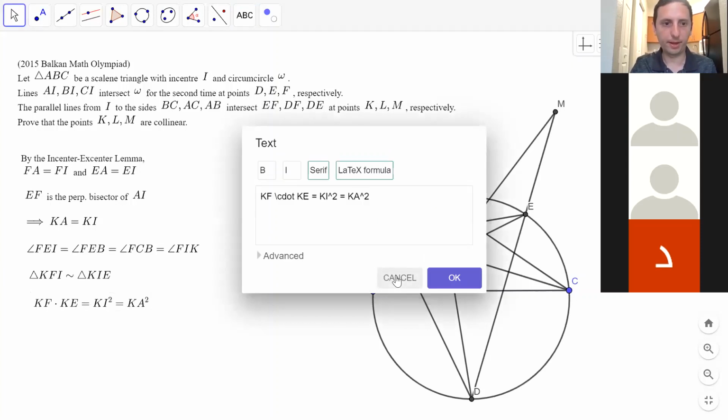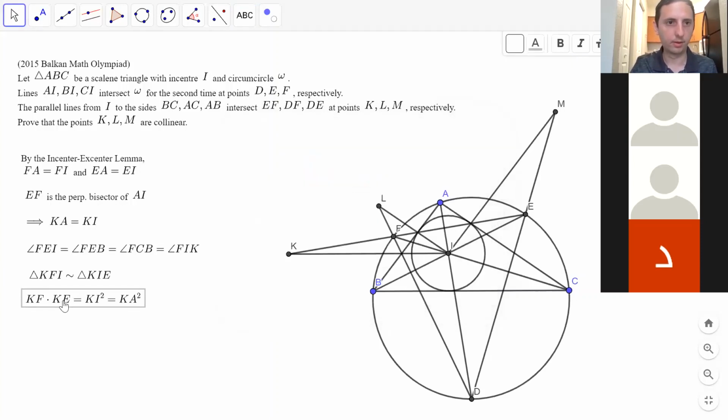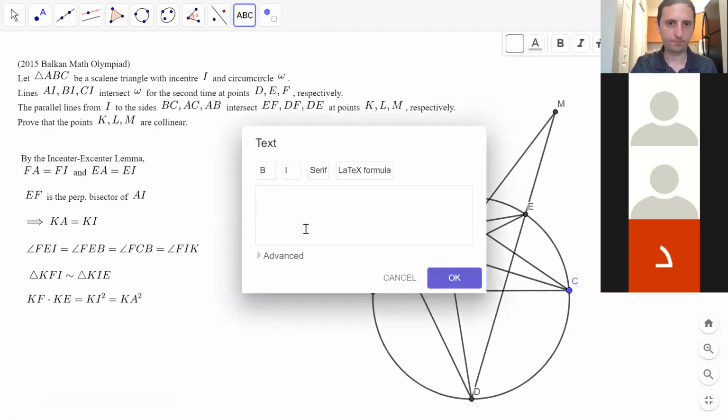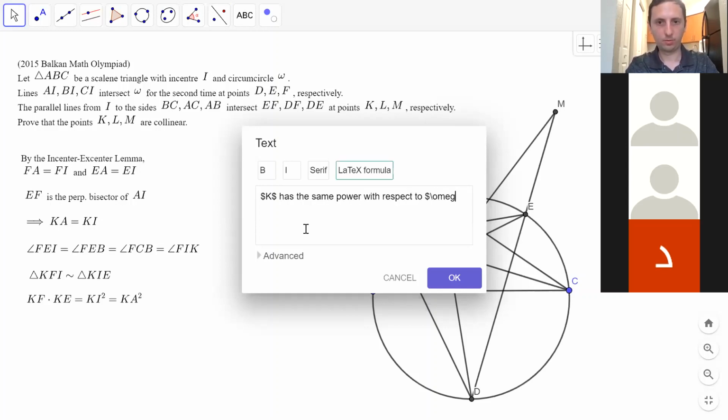So K has the same power with respect to omega and the point circle I of radius 0.